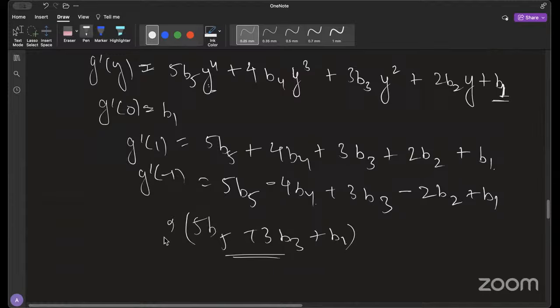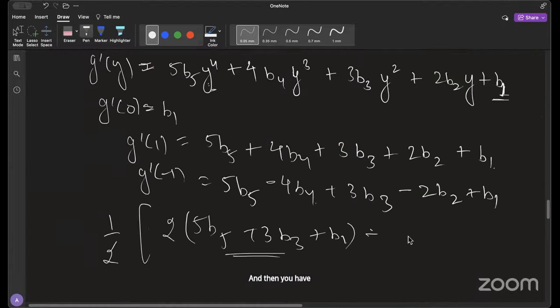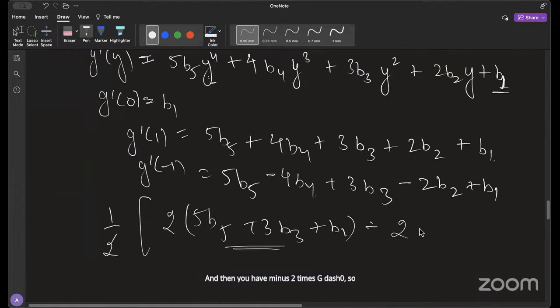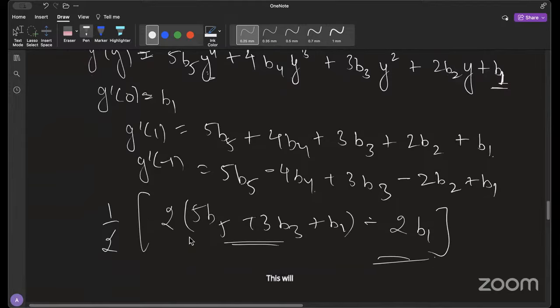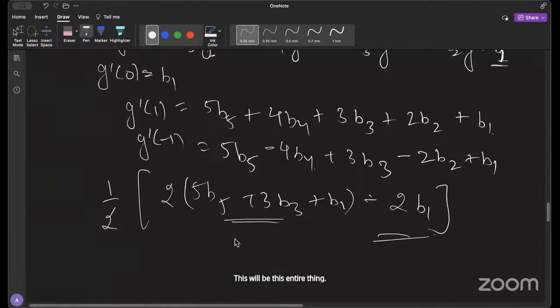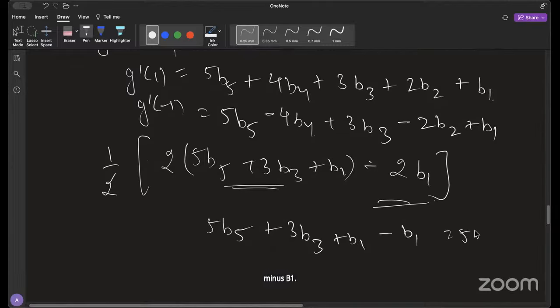This is 2 times half here, and then you have minus 2 times g dash 0. So your g dash 0 is b1, right? This will be this entire thing. 2 gets cancelled. So you'll only be left with 5b5 plus 3b3 plus b1 minus b1. So this is 5b5 and 3b3.